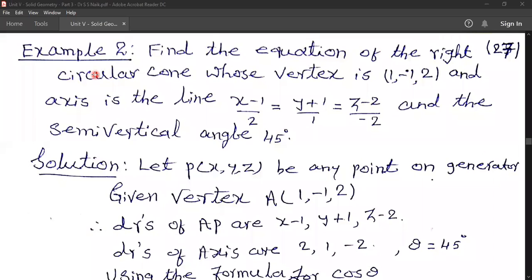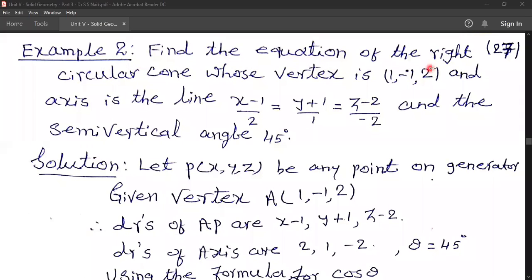So we'll start. In the last video lecture, I had taken the first example on the right circular cone. Now we'll start with the second example.